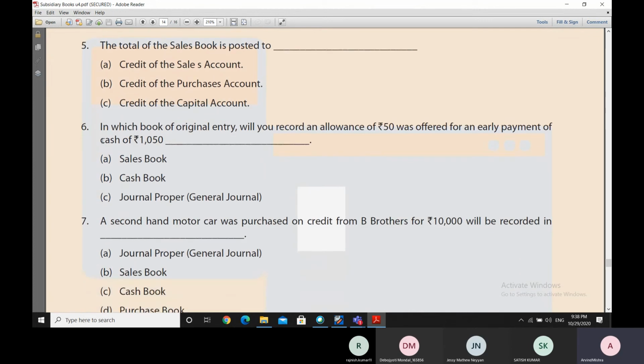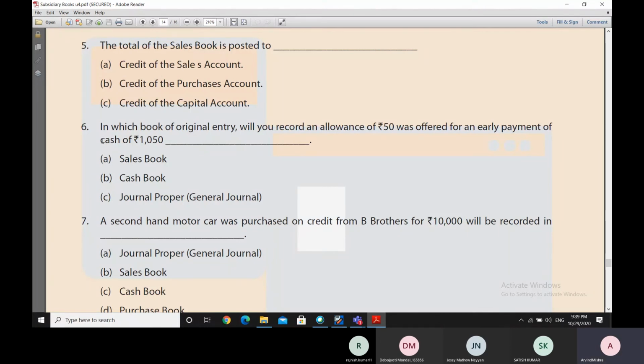Now, which is that book of original entry where we can record an allowance of rupees 50, which was offered for an early payment of cash of 1,550. So this is a book where cash payment is being made and an allowance is given of 50 rupees for cash payment. There is no credit allowed here.